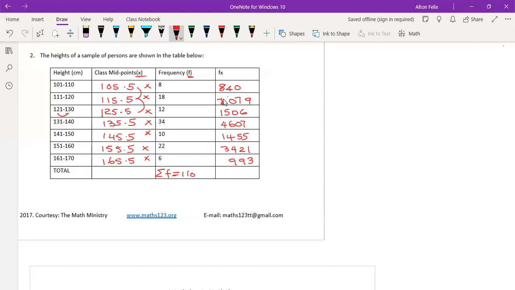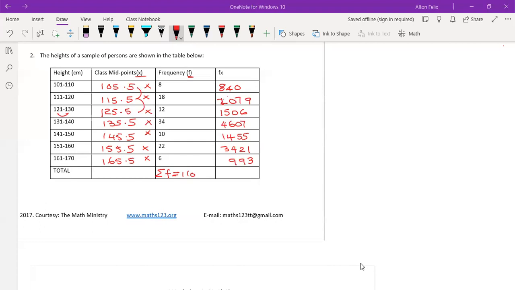So let's get all the information beforehand. And of course, we'll just use the formula afterwards. So let's sum the f times x values. So to 993, we're going to add 840. 993 is the last value in the table. Okay, let's work backwards. We're going to add 3421.